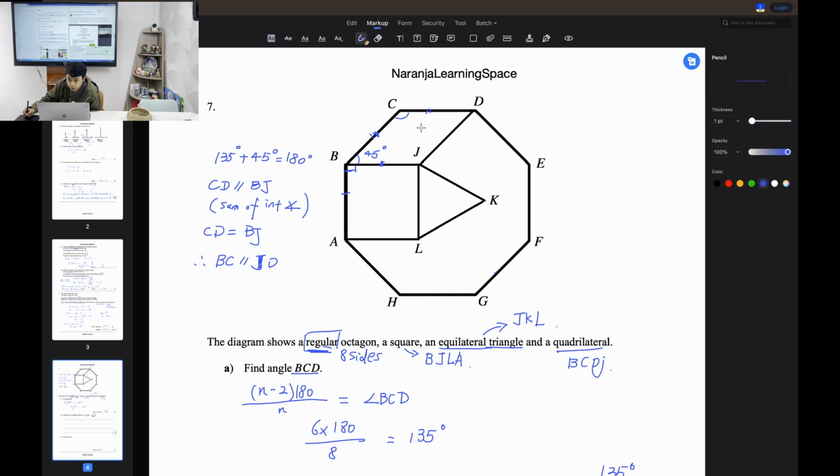Because they have the same length and they are parallel, this restricts JD to be parallel to BC, and JD will have the same length as BC.